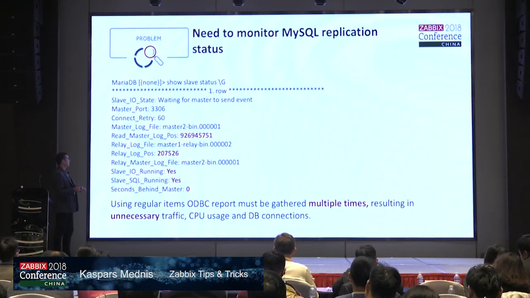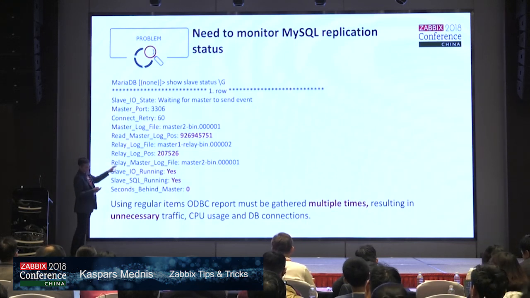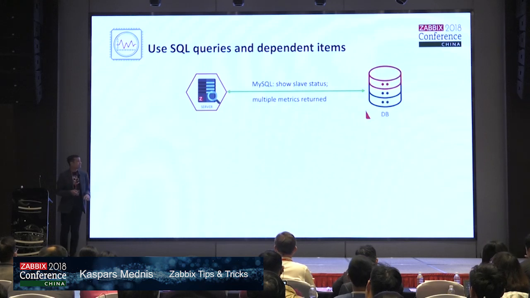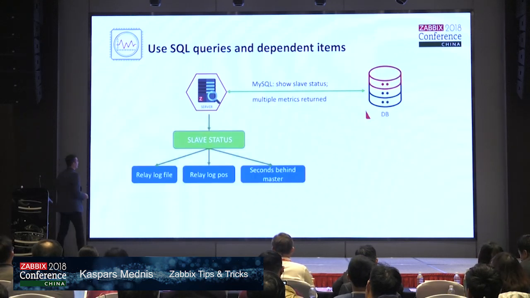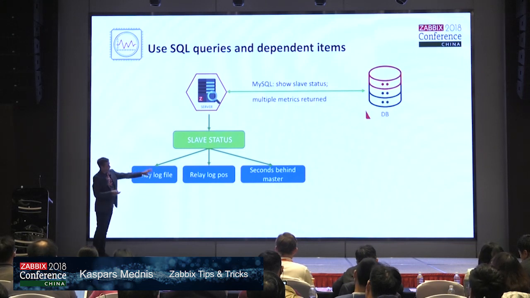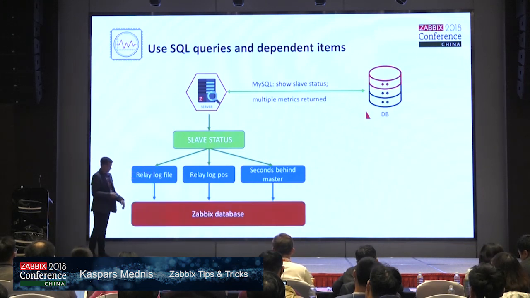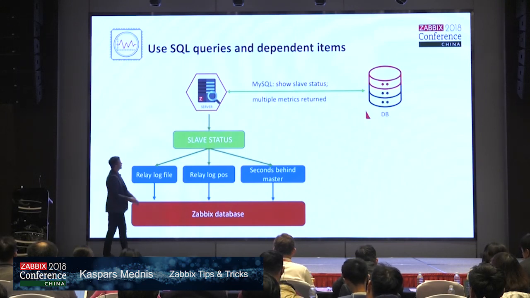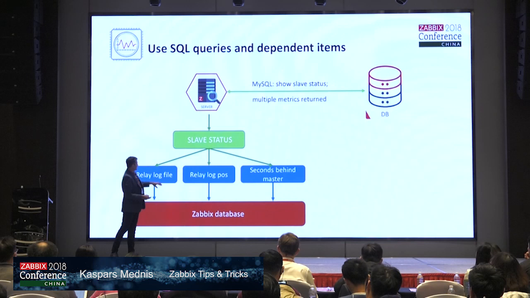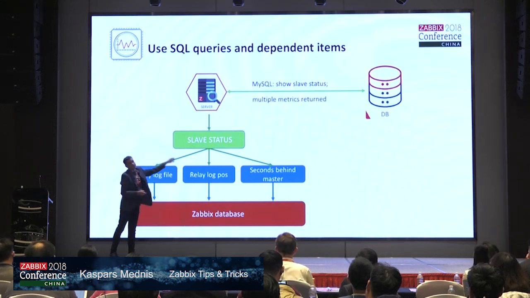Now, with the new Zabbix, you can just call it once, gather all this report, gather the slave status, then add preprocessing steps for what you need to monitor, and store them in the database. And don't keep the slave state. This is gathered, then this is analyzed, dependent items are created, and this is all.